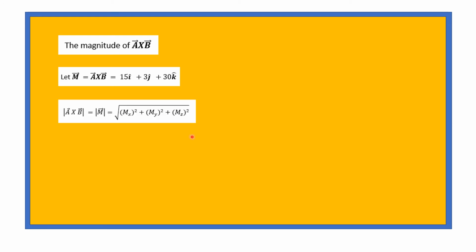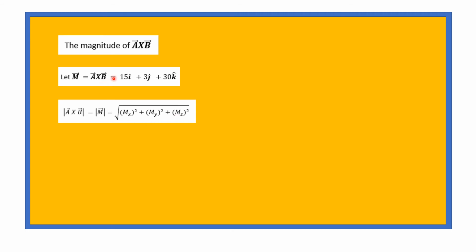How about the magnitude of A cross B? If we know A cross B, because A cross B is equal to 15 i hat plus 3 j hat plus 30 k hat, then we can find its magnitude. Assuming that we let M be equal to A cross B, its magnitude is M equals the square root of mx squared plus my squared plus mz squared.